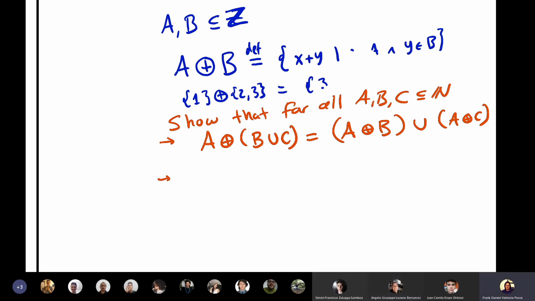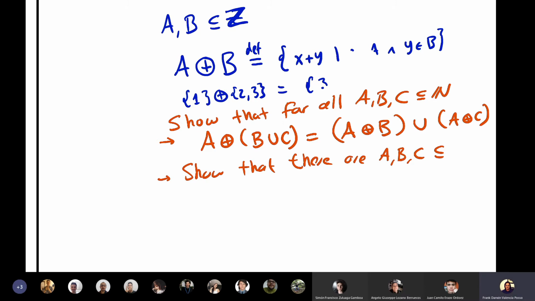Now, the plus distributes over union, but it does not distribute over intersection. That is, show that there are A, B, C. Actually, I'm going to put it here.